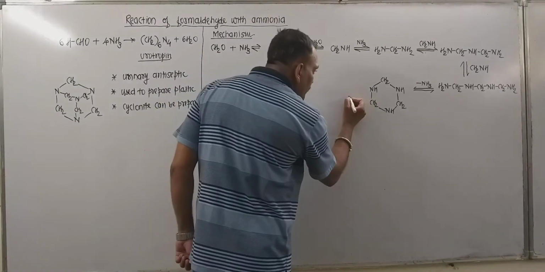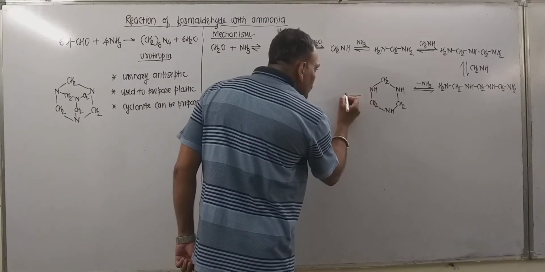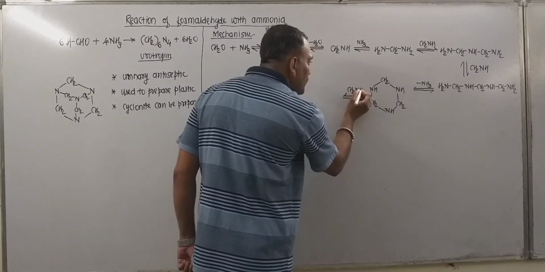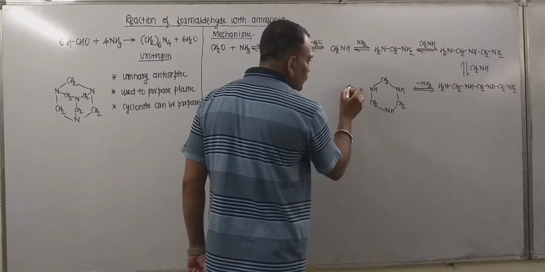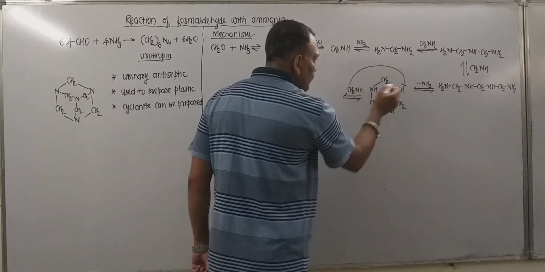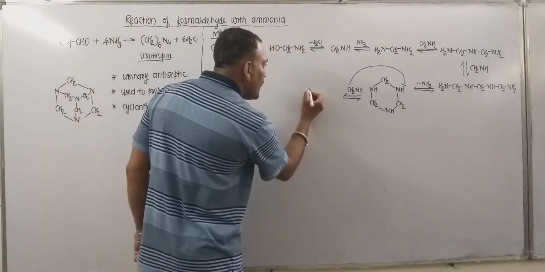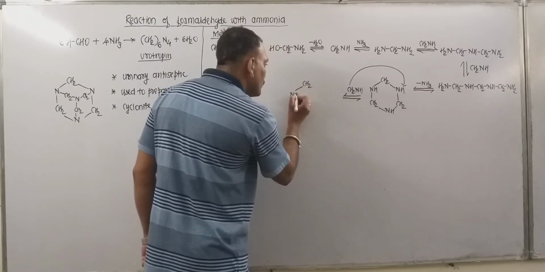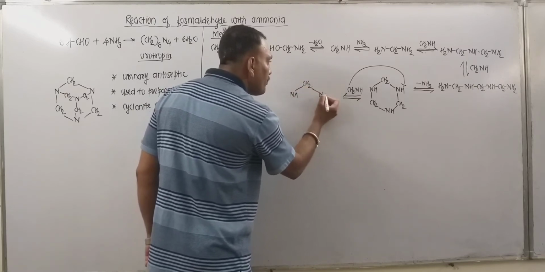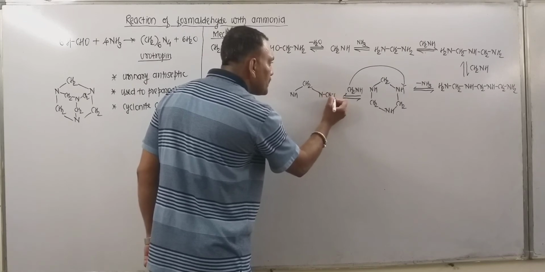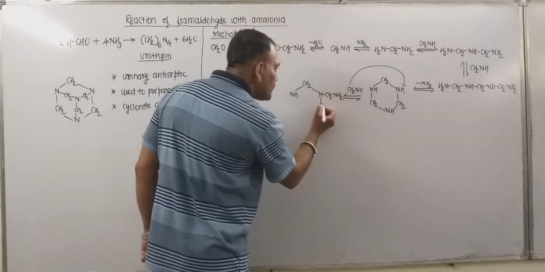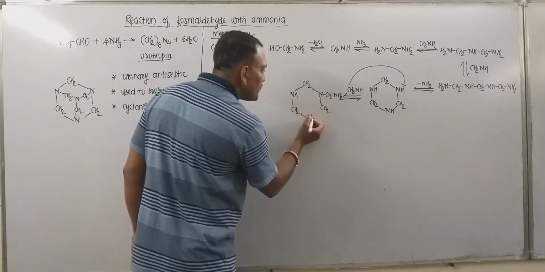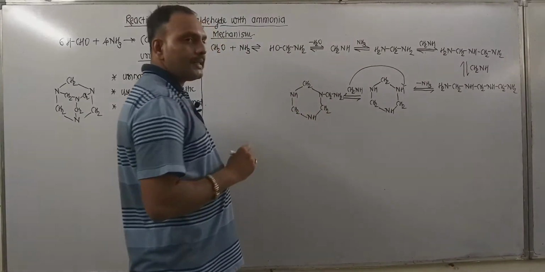Now further, this cyclic product again interacts with the imine right here, and that leads to the formation of an addition product which may be shown as, so this is the product so obtained.